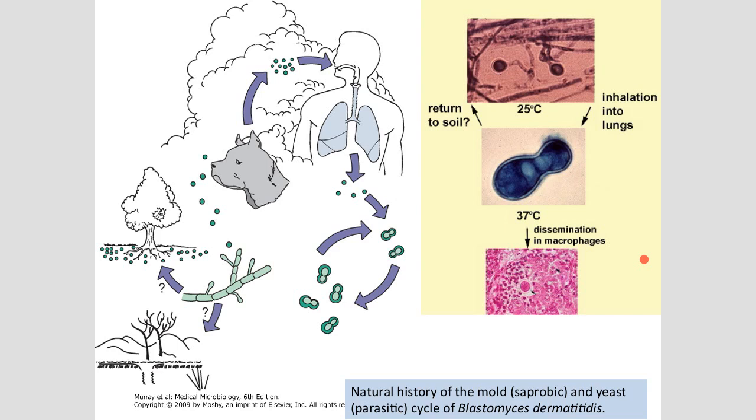The most important thing for this particular Blastomyces is that, as you can see, it exists in the environment in a plant-like fashion, releases those small conidia, and then they are taken up.